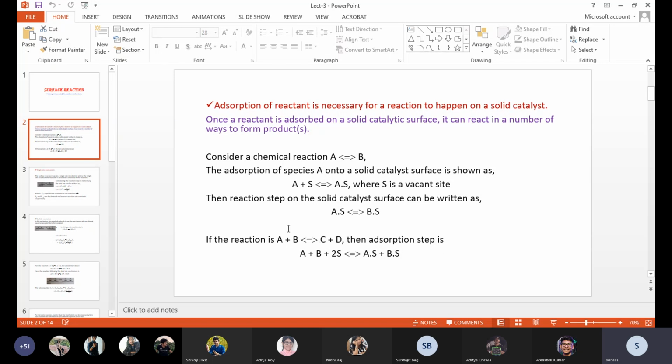So here, as we have shown the adsorption step as A plus S is equal to A·S, for this type of reaction where two reactants A and B are producing two products, what will happen? For these two reactant molecules, we need at least two vacant sites. So A plus B plus 2S, two vacant sites, give us A·S plus B·S, two adsorbed species.